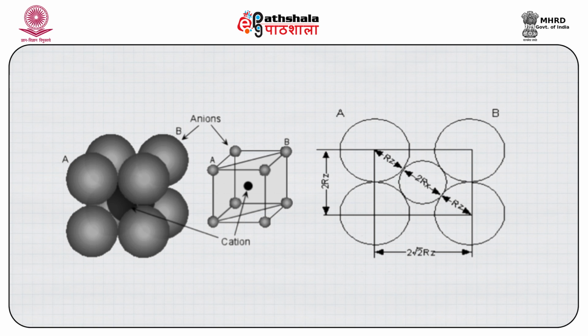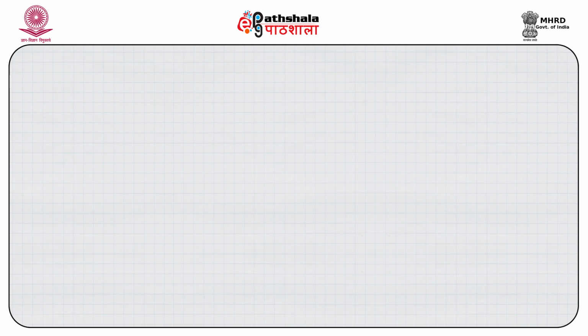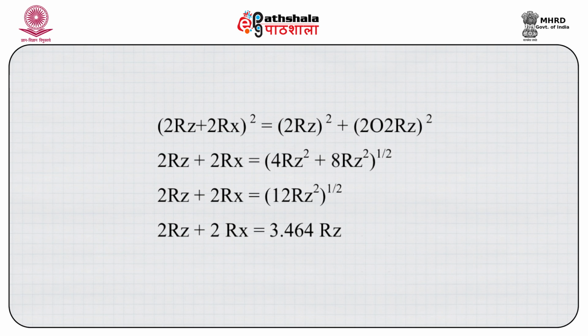Now, applying the Pythagoras theorem, (2Rz plus 2Rx) square is equal to (2Rz) square plus (2√2 Rz) whole square. So 2Rz plus 2Rx is equal to (4Rz square plus 8Rz square) to the power half. And this leads to 2Rx equal to 1.464, giving Rx by Rz as 0.732.